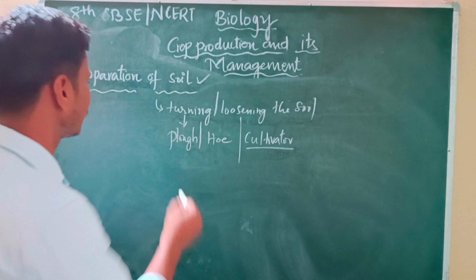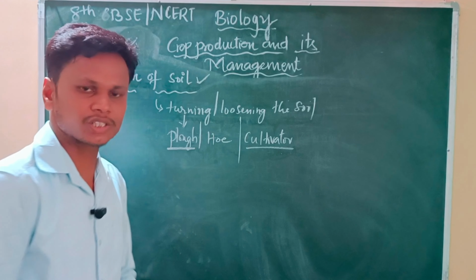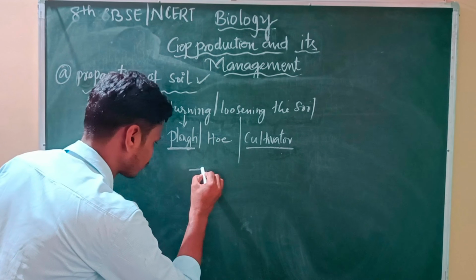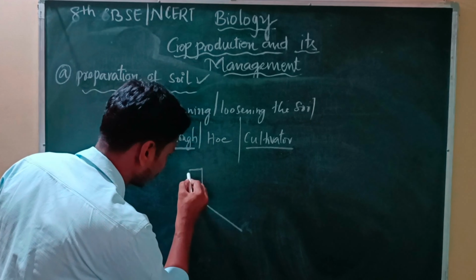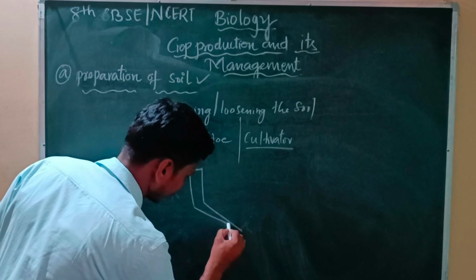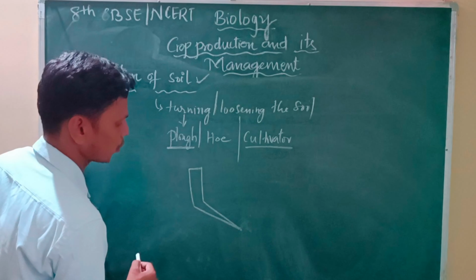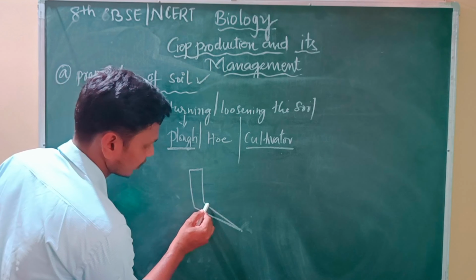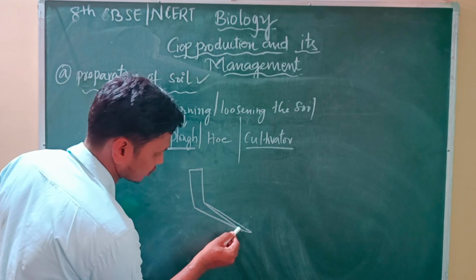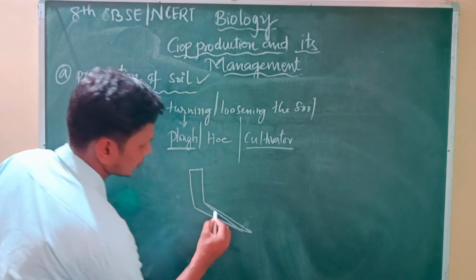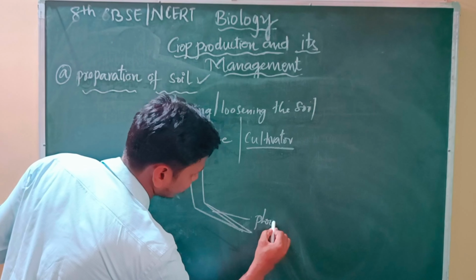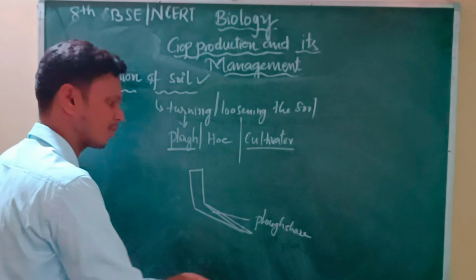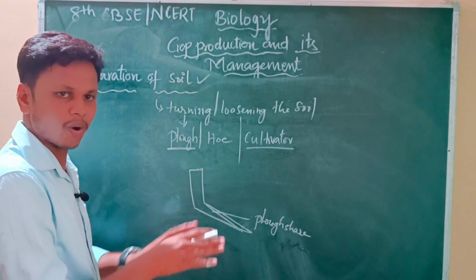Before going to that, the plough is an agricultural tool made of wood. So just observe the diagram. Later I'll show a video about that. This is called the plough shaft. A triangular iron strip will be there. This is called the plough share, which mainly turns the soil.